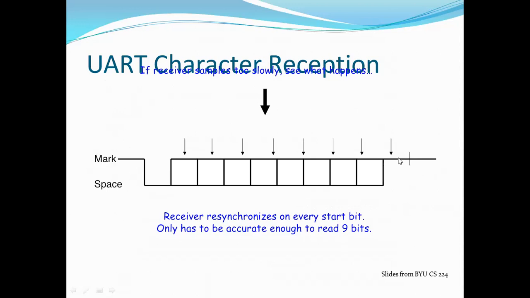So where the stop bit is there, at that time also it comes across a single bit which has to be received. So the receiver synchronization on every start bit only has to be accurate enough to read 9 bits. So that's why the synchronization is there.